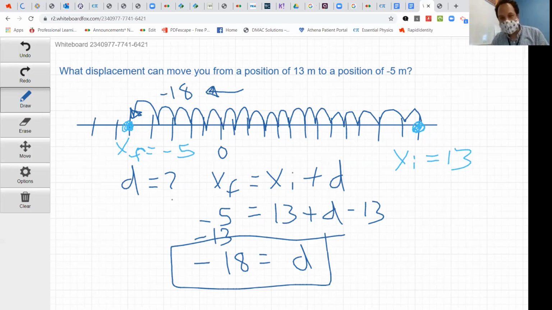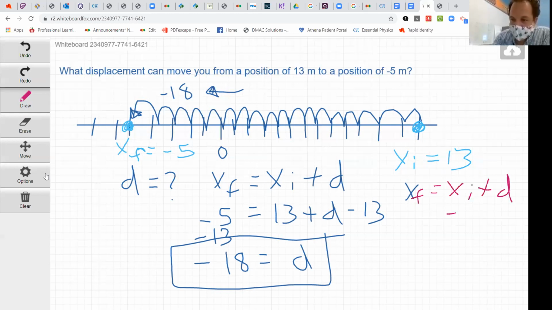So two ways. We did it through the number line, did it through the equation. You could have also, when you start off with the equation like this, and my time's about up, we can solve for D. We'll get D equals XF minus XI.